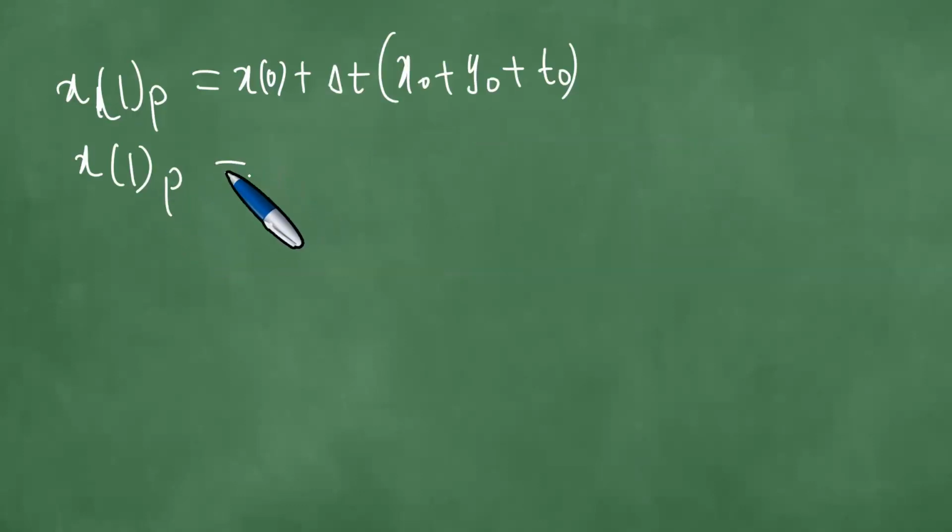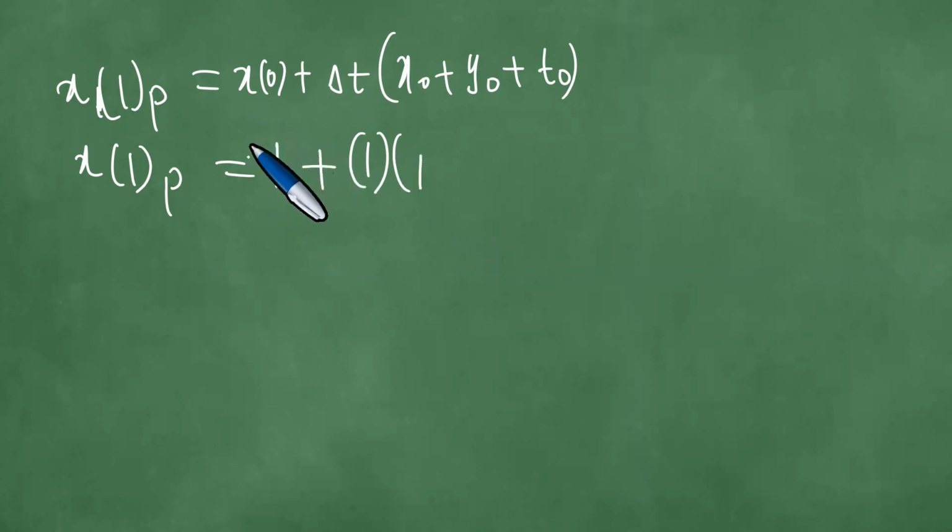And now, what is x0? Right, x0 is clearly a 1, plus the delta t, which we have seen is 1 as well. What is x0? Aha, x0 is a 1.